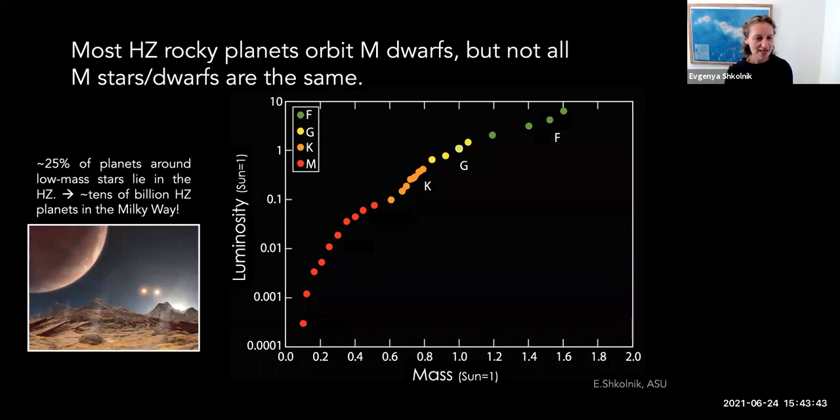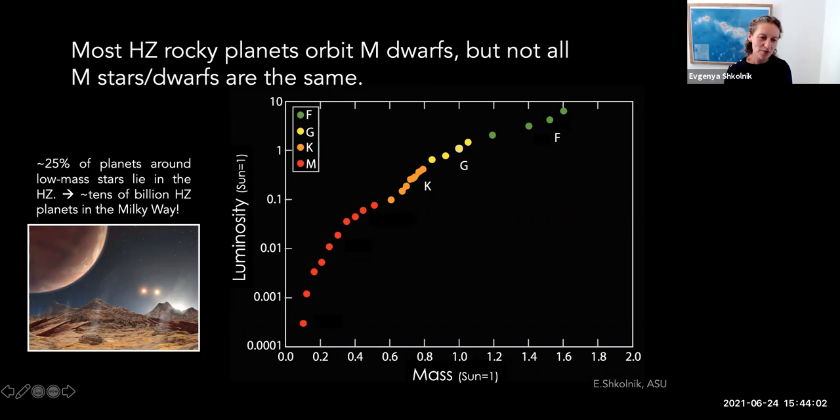So here's a plot that's just a flipped HR diagram to confuse you a little bit, showing you the luminosity and mass of FGK and M stars. And what you'll notice is that the M stars, the red points, span 3 orders of magnitude in luminosity and go in mass from 0.1 to about 0.6 solar masses.